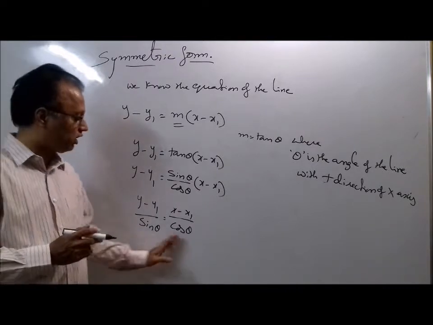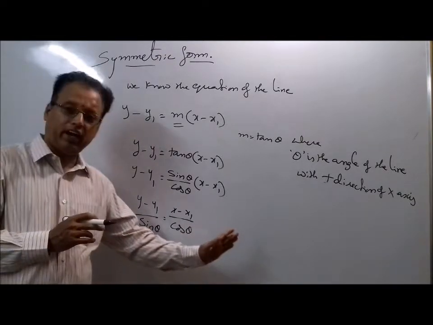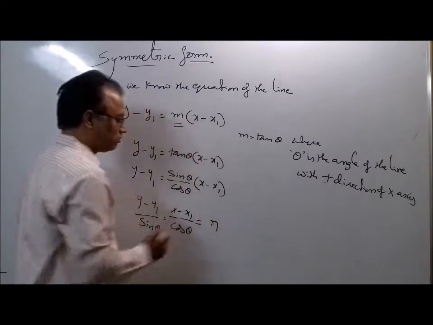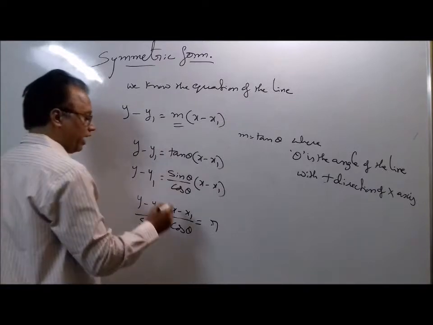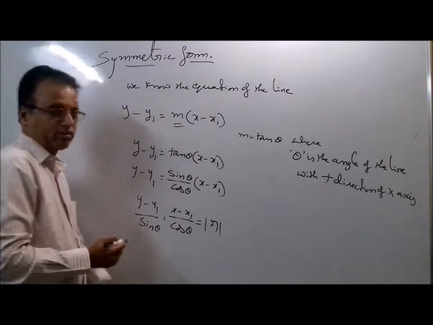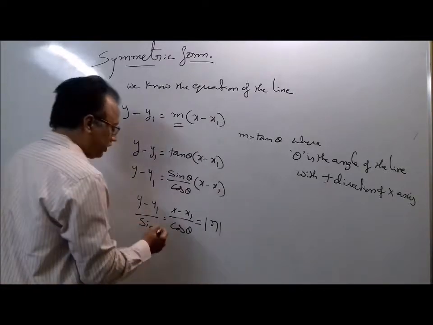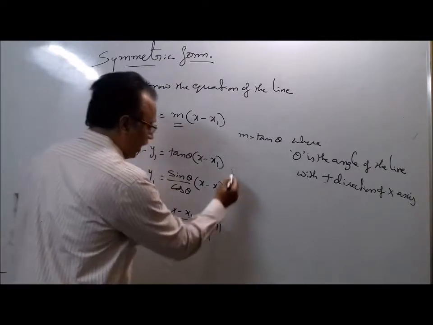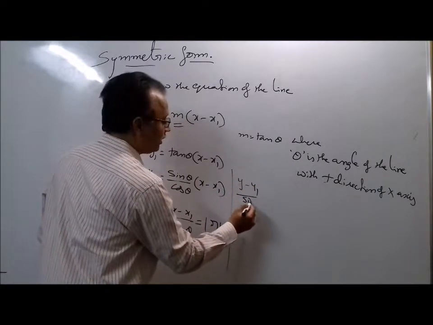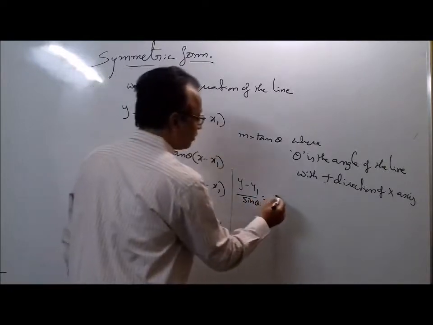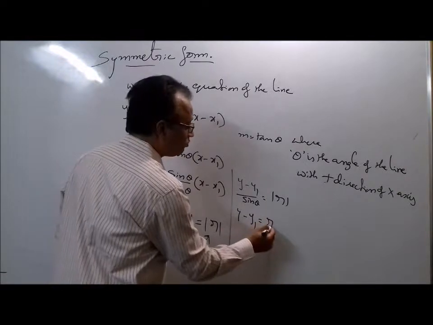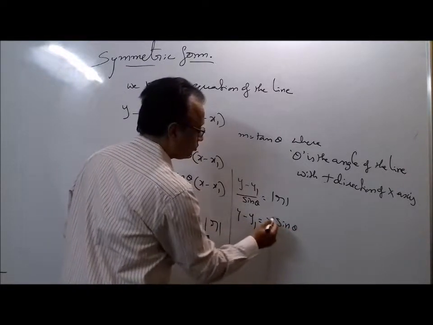Let us say both are equal to a constant, some r, which can be plus or minus. When you take these two, what will happen? That is, y minus y1 by sin theta is equal to r. That is, y minus y1 is equal to r sin theta.